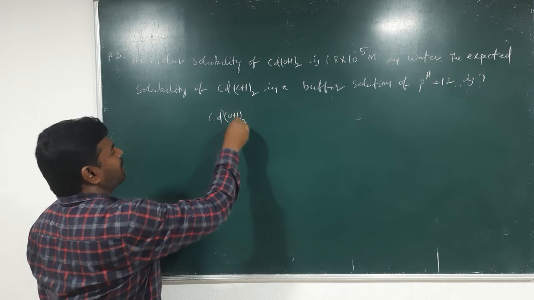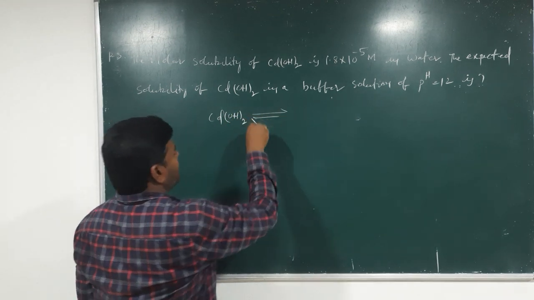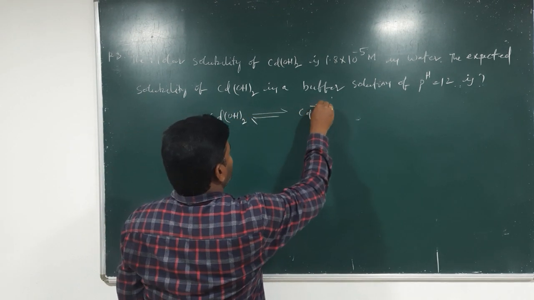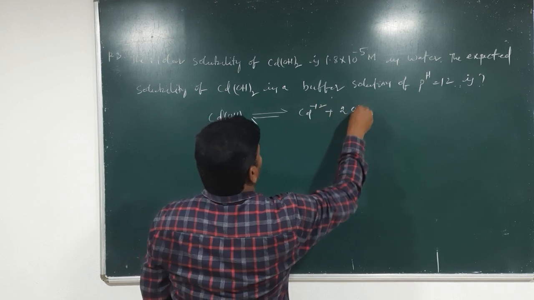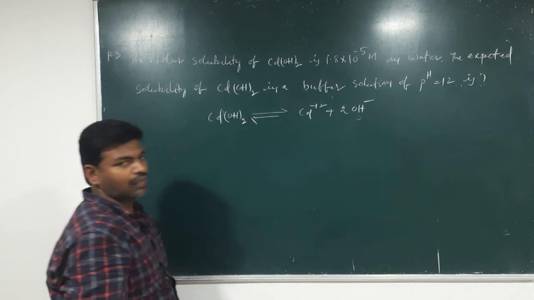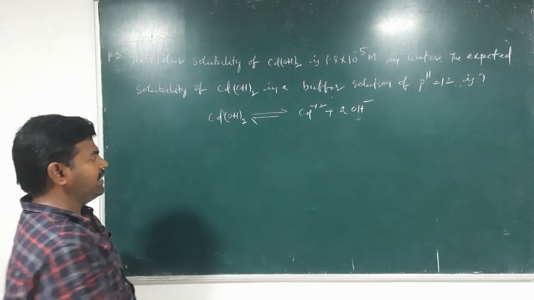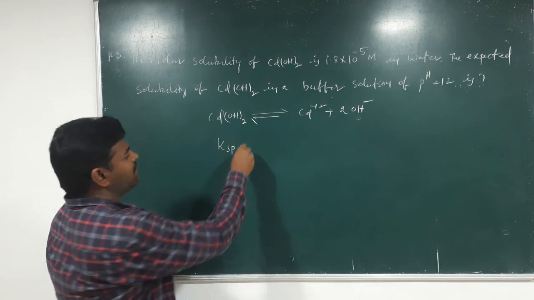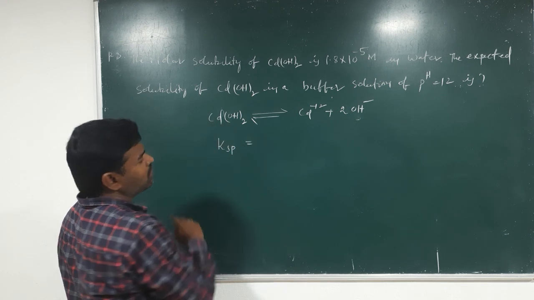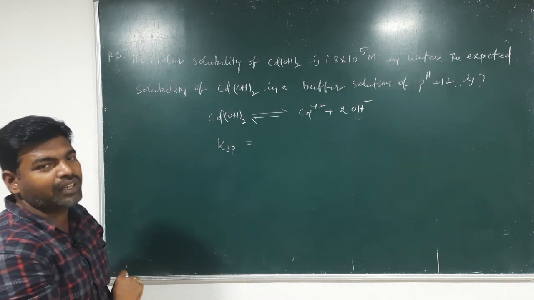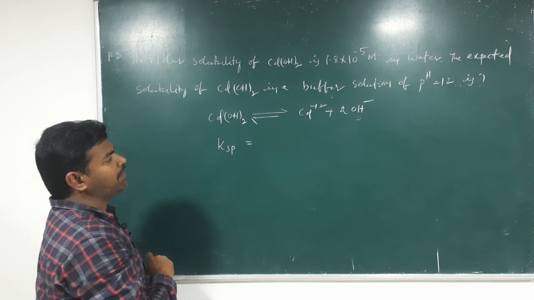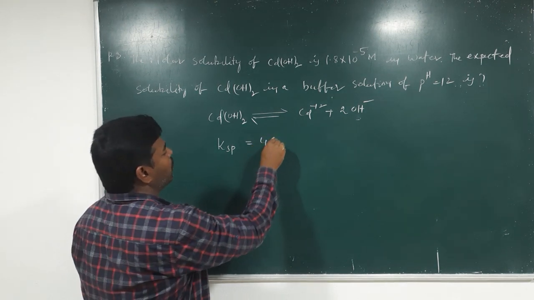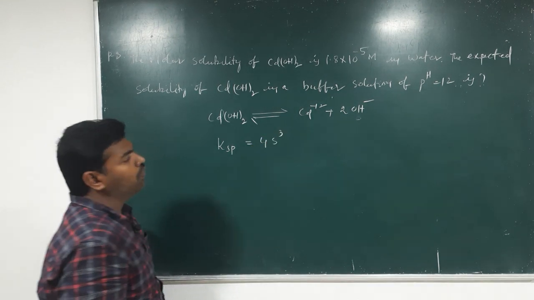Cd(OH)2 dissociates as Cd 2 plus plus 2 OH minus ions. Cadmium hydroxide is an AB2 type of electrolyte, and Ksp is 4S cube.